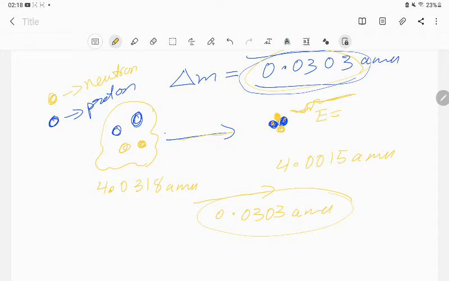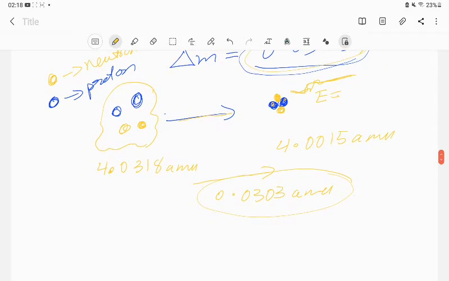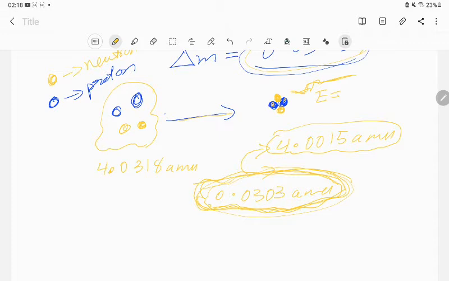Energy E is used to bind this proton and neutron together in the nucleus, so this mass is converted into energy, and we will get only this amount of mass. The remaining mass, that means this one, is converted into energy.